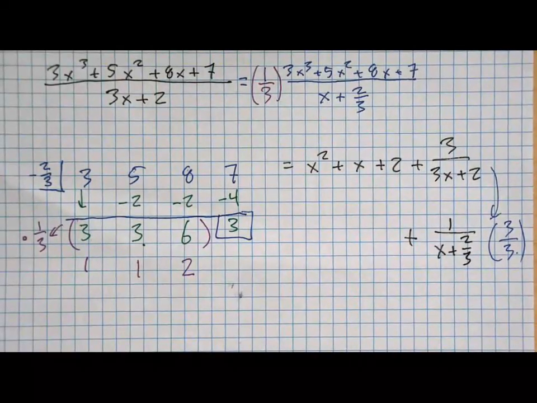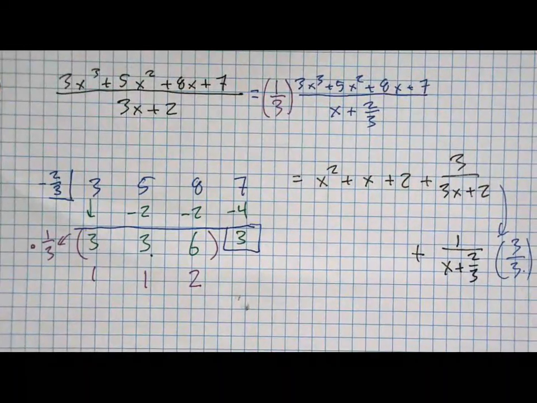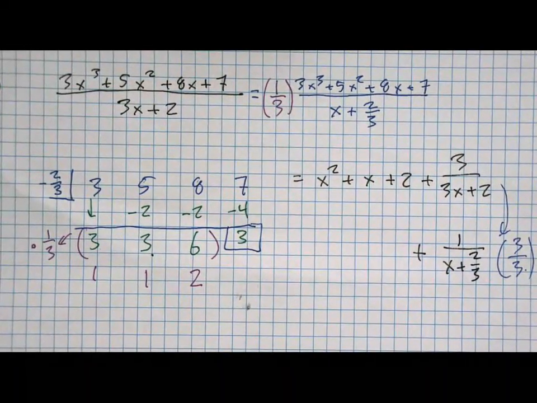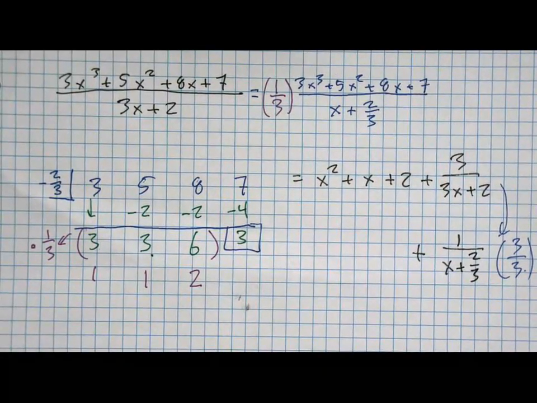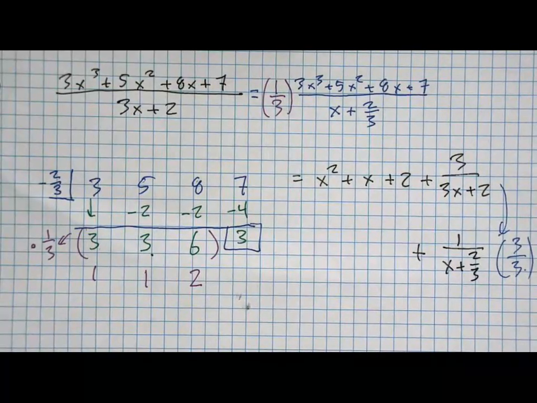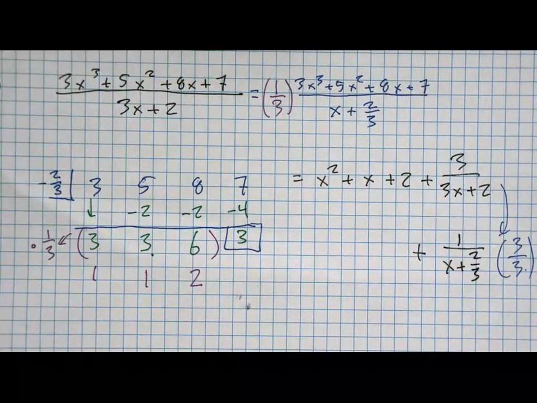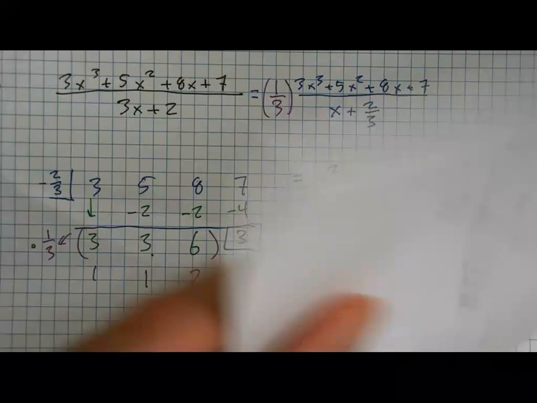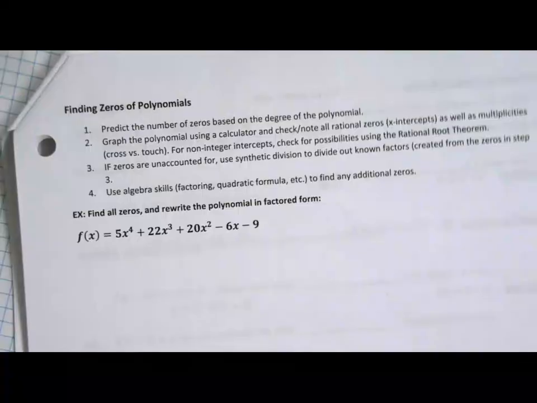We're not going to be doing it as much as you did in Algebra 2, because we're going to be using graphs to help us. Our goal on Tuesday, what we're heading towards, and what we're going to move towards today with our activity, is I want to be able to give you a 5th degree or a 6th degree or a 7th degree polynomial, and I want you to be able to factor it.